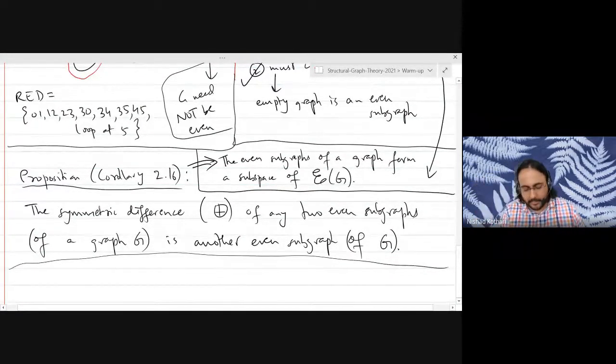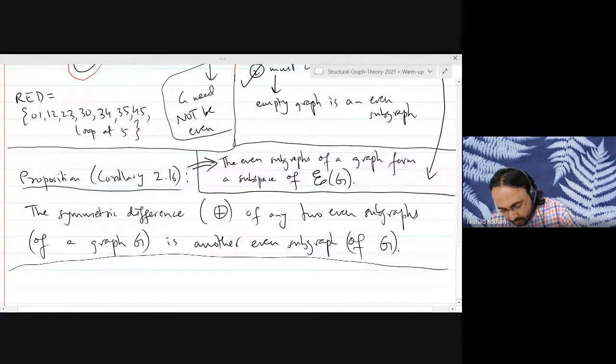So before we prove it, I just want everybody to be convinced that proving this is enough to conclude that the even subgraphs form a subspace of the edge space. Okay? Are there any questions or concerns regarding this implication?